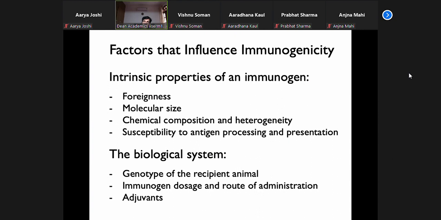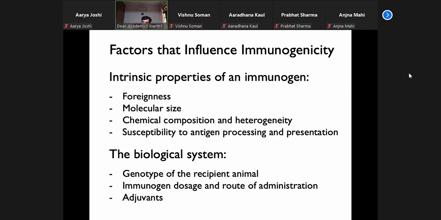To begin with, if you inject your own antigen into your system, you will not generate an immune response, because this is your self protein, and this is called self tolerance. Your body usually does not induce an immune response against your own antigens. However, if a foreign antigen is injected, you start mounting an immune response.